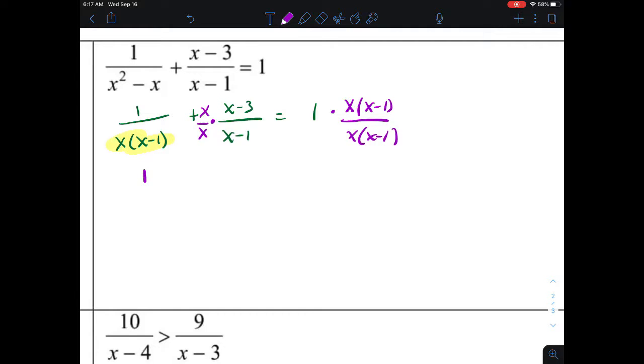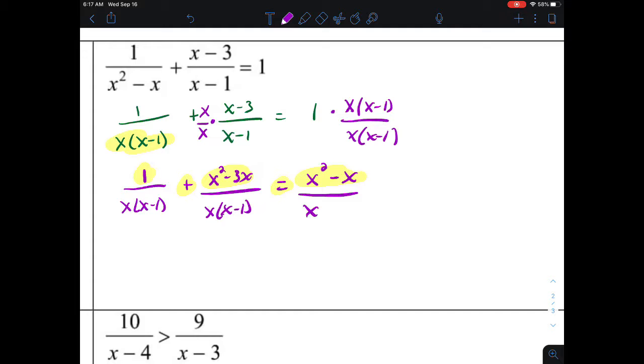And we'll rewrite everything, so we'll have 1 over x times x minus 1 plus x squared minus 3x over x times x minus 1 is equal to x squared minus x. Now, we make an equation with just the numerators. Actually, I only wrote half that fraction.